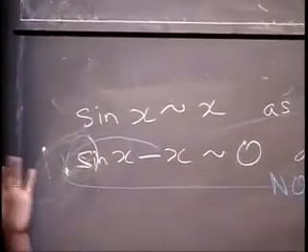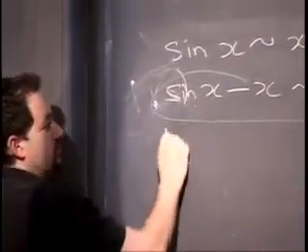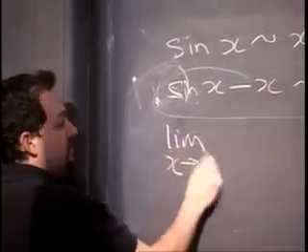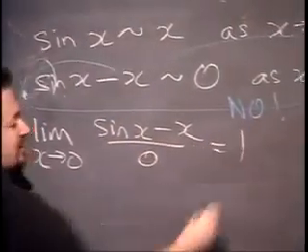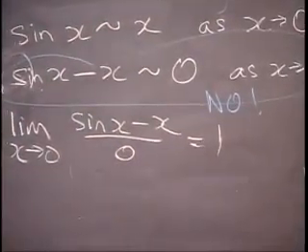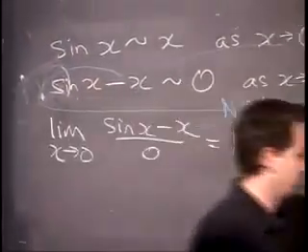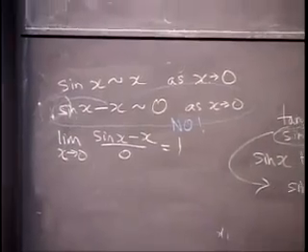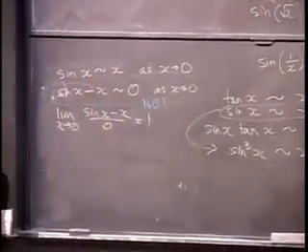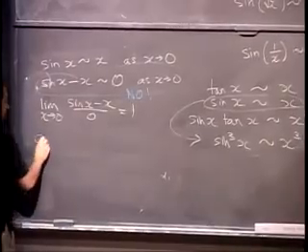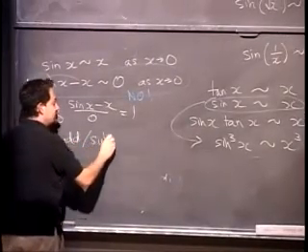Remember, asymptotic means that their ratio goes to 1. If this was true, then the limit as x goes to 0 of sine x minus x over 0 would have to be 1. That's meaningless nonsense. So since you wouldn't write that, don't write that. The thing we've done wrong here is you're not allowed to add and subtract things. Most of the time, you can't add or subtract the tildes.